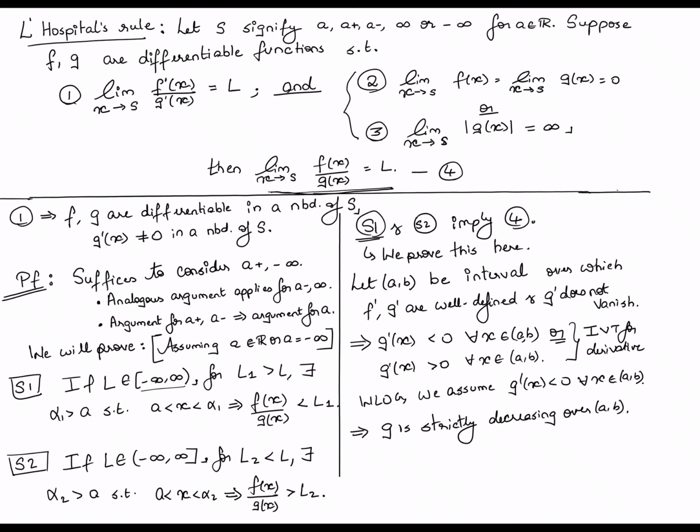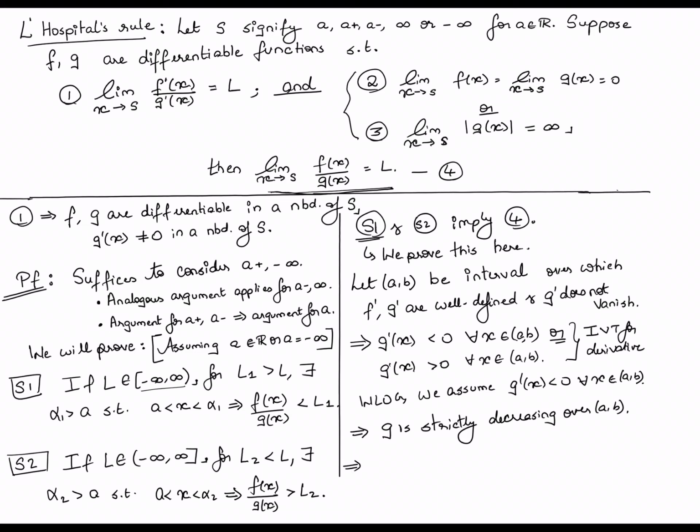Okay. Now, what is the implication of g being strictly decreasing? If g is strictly decreasing over this open interval, then g can possibly take the value 0 at most once, right? Somewhere in this open interval, which means that by shrinking b even further down if need be, I can basically restrict myself to an interval where even g doesn't take the value 0.